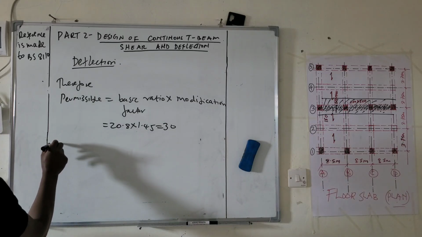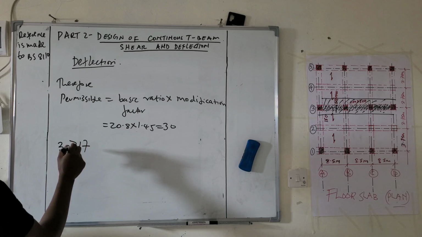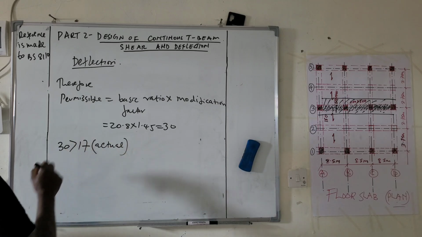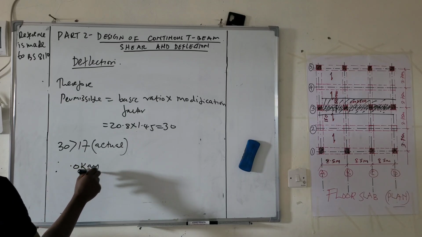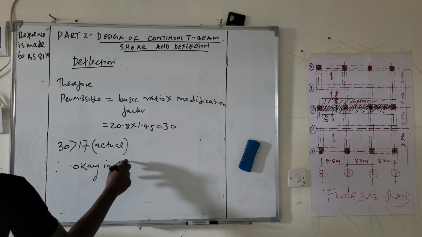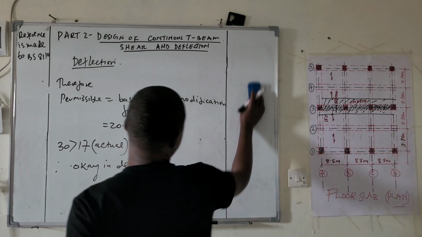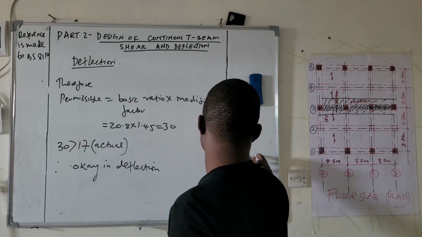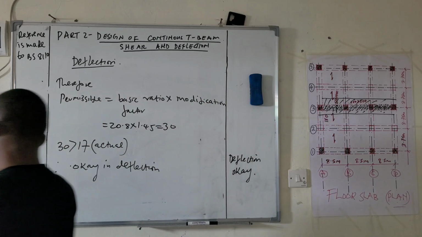So therefore, 30 is greater than 17, which is the actual. Therefore, okay in deflection. So deflection okay. And that marked the end of that question.